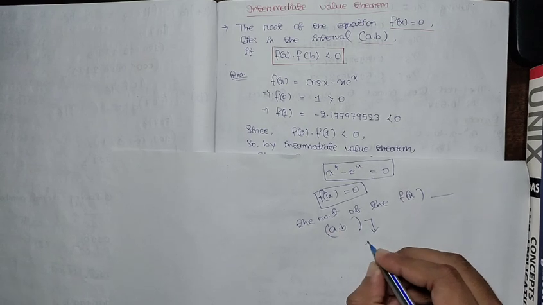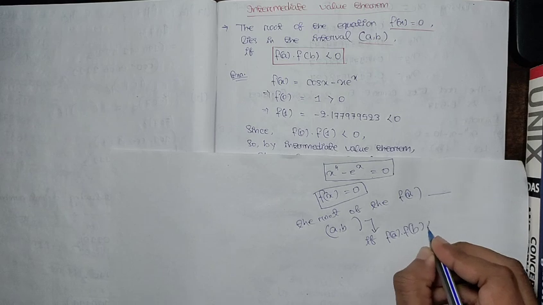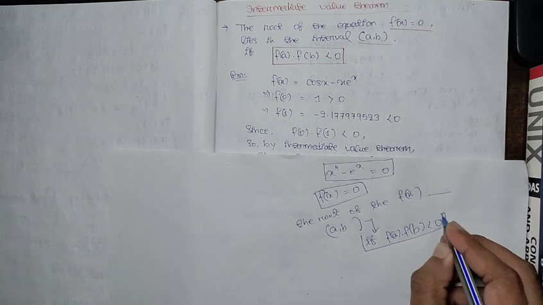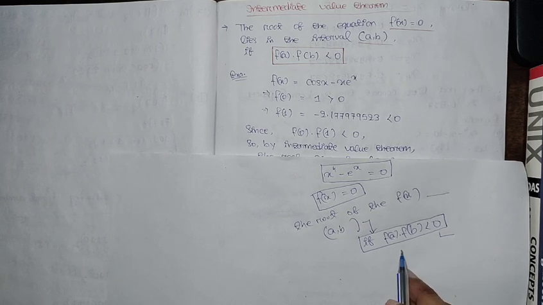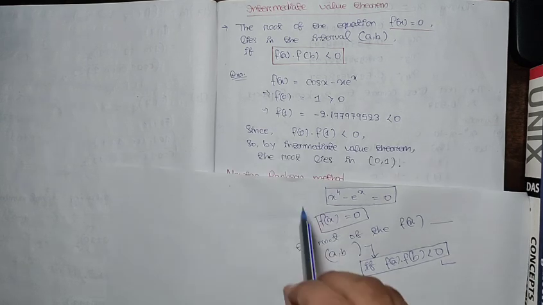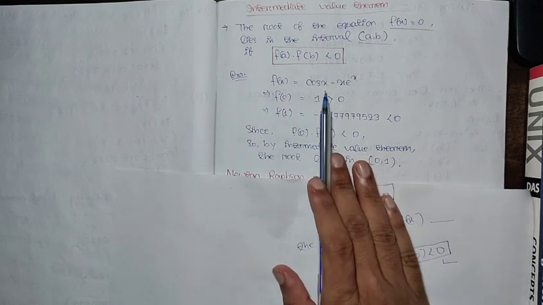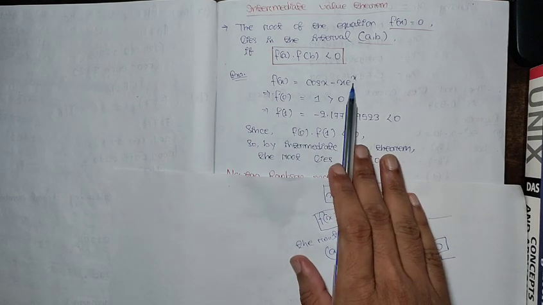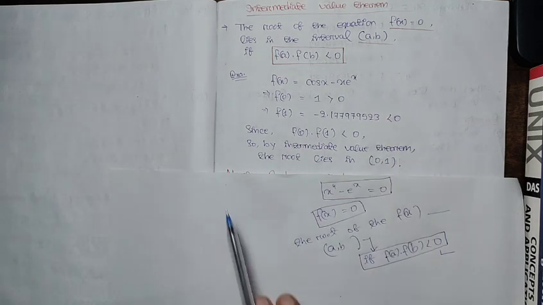The condition is that f of a into f of b is less than 0. Okay, you should remember this formula. And see here, I am taking an example, that is f of x equal to cos x minus x e to the power x. Okay, so this is the equation.